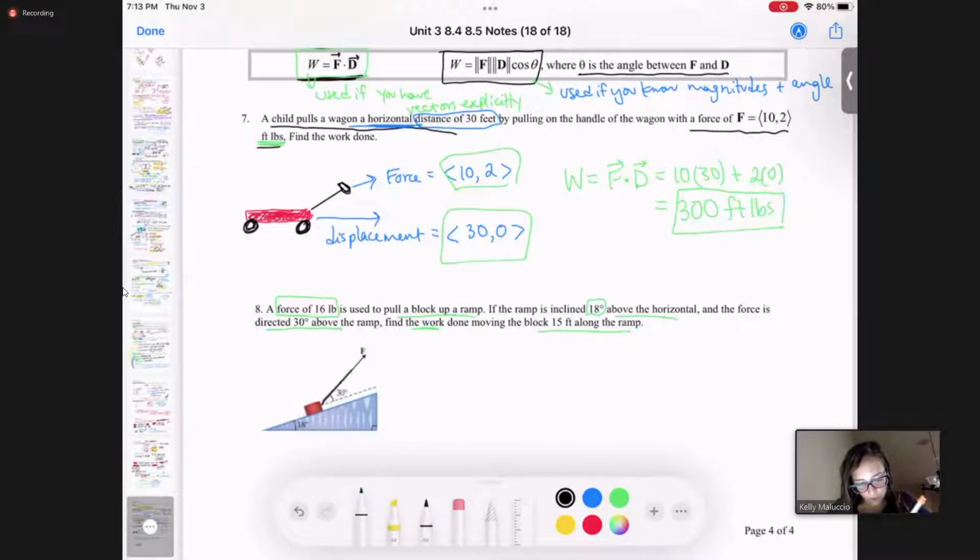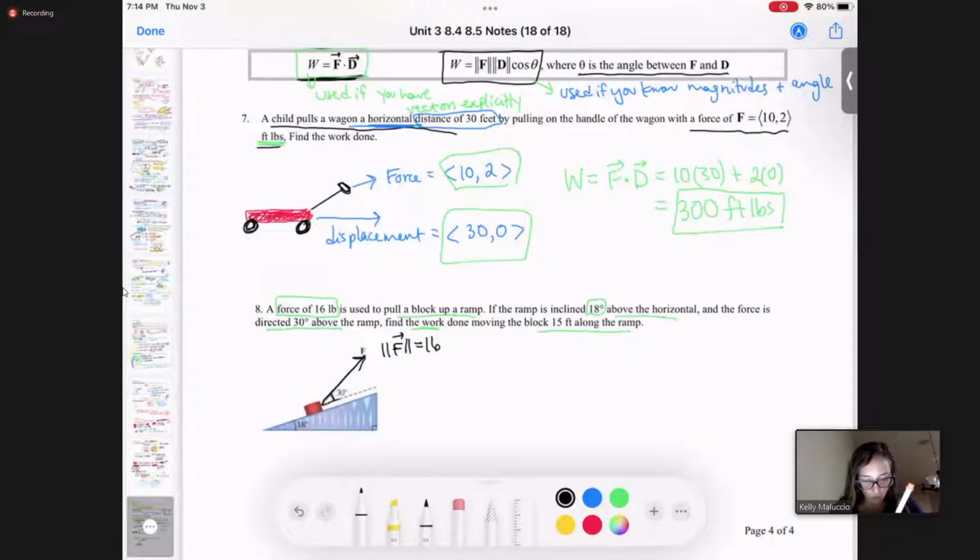We're going to label some things because there's a lot happening. We'll start with what we know. The force is being pulled up the ramp, and we were told it's 16 pounds, so the magnitude of the force is 16. This angle is 30 degrees.